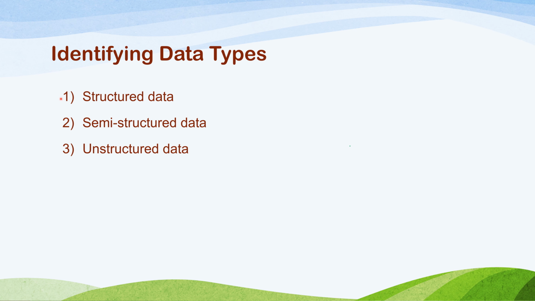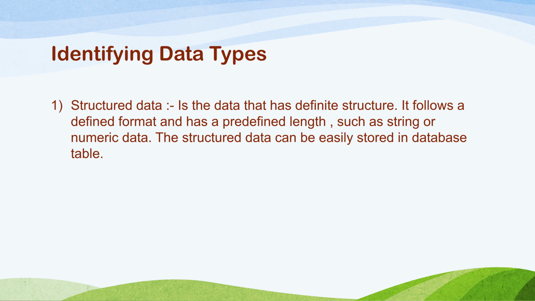Basically there are three types of data which we can store in our database table. The first one is structured data, the second one is semi-structured data, and the third one is unstructured data. The first one is structured data. Structured data is data that has a definite structure.